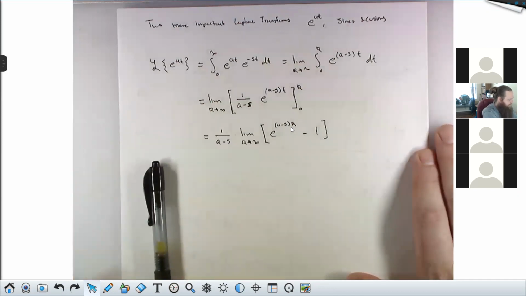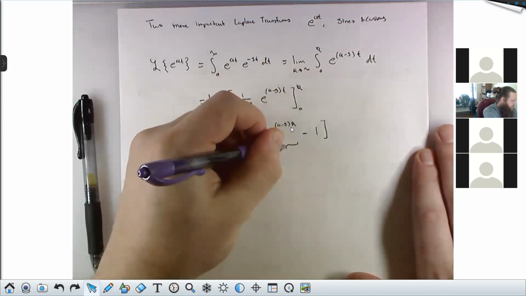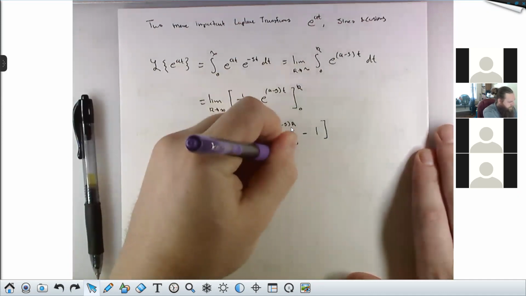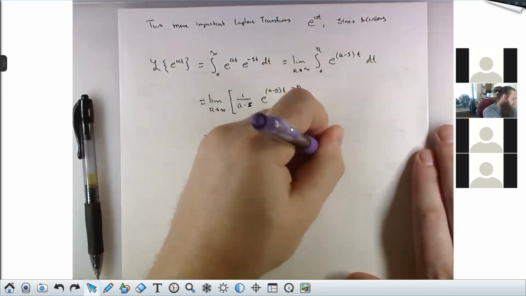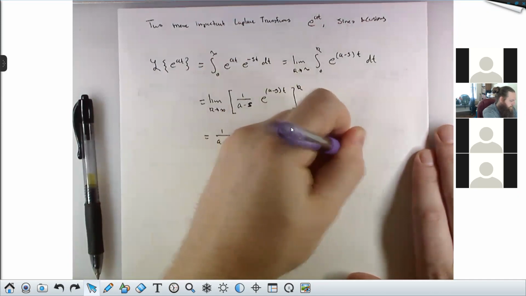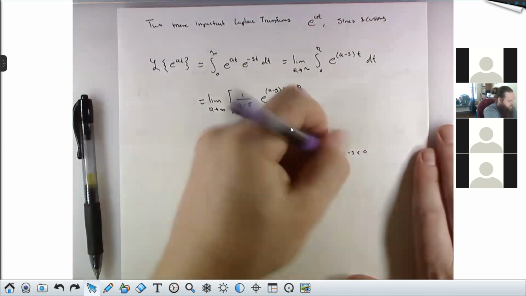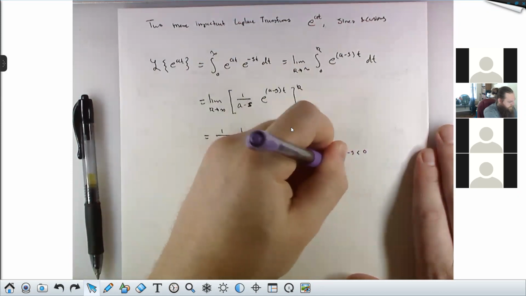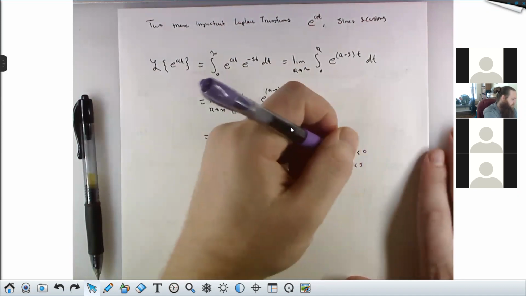So this piece here will go to 0 as long as a minus s is less than 0, which is equivalent to saying, add s to both sides, a is less than s.